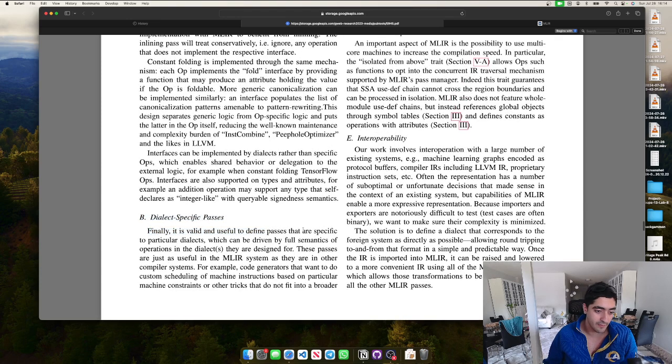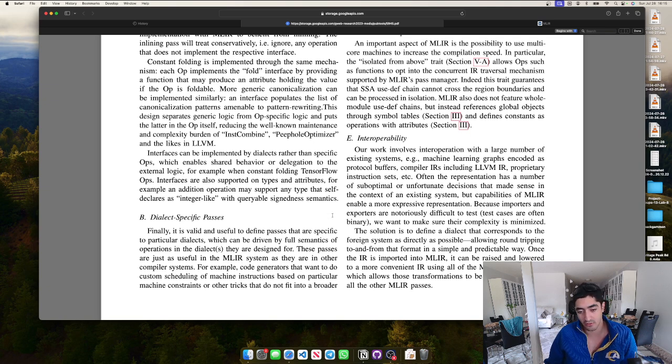Dialect-specific passes. Finally, it is valid and useful to define passes that are specific to particular dialects, which can be driven by full semantics of operations in the dialects they are designed for. These passes are just as useful in the MLIR system as they are in other compiler systems.